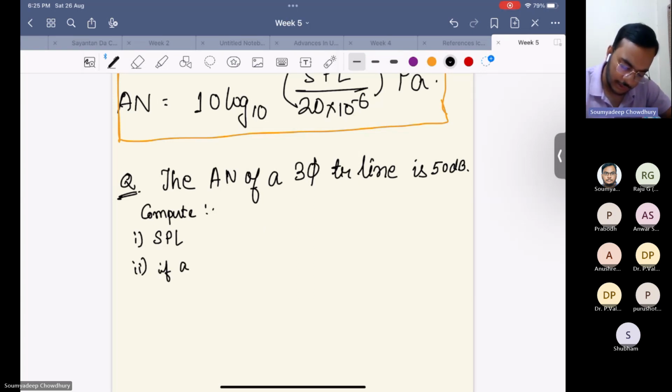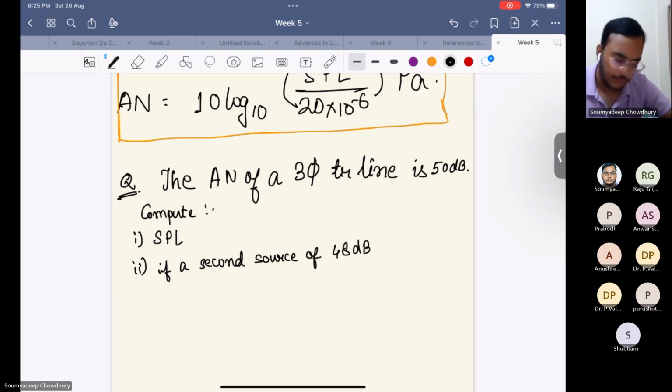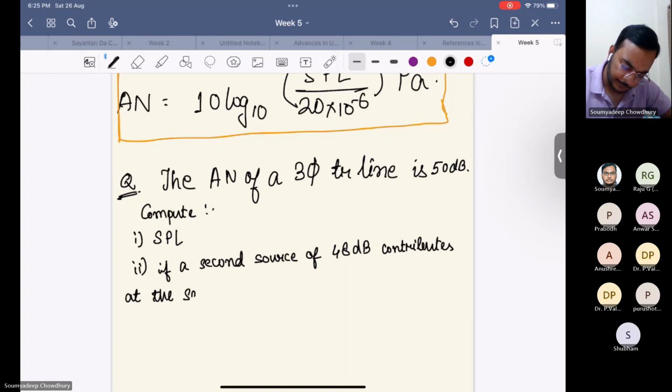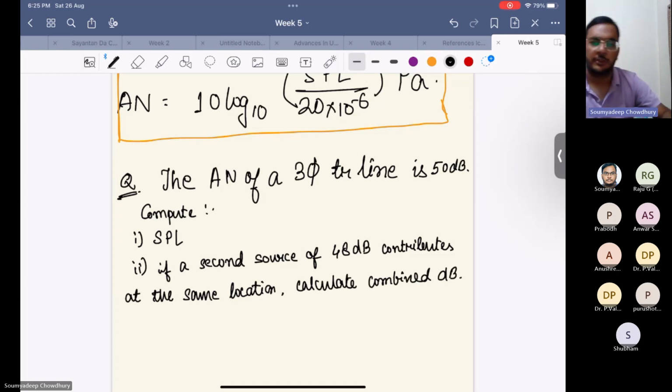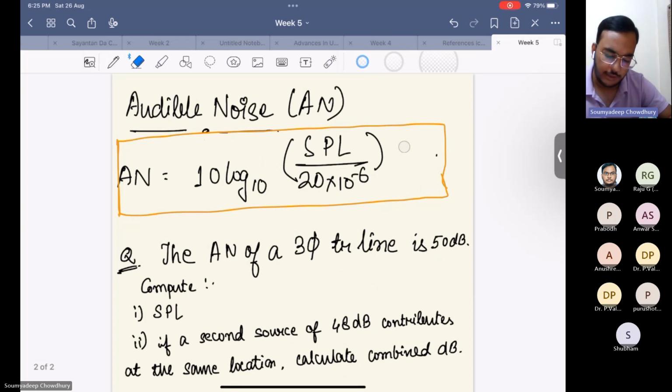And it is also told that if a second source of 48 dB contributes at the same location, calculate the combined dB. So first you need to get a clear idea of the different units, right?